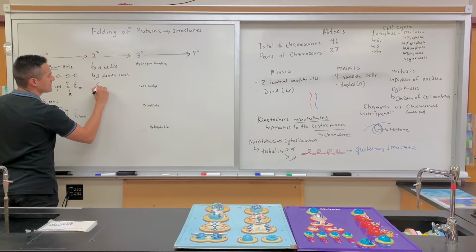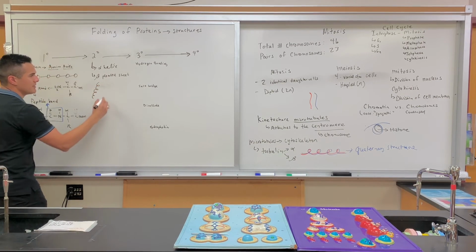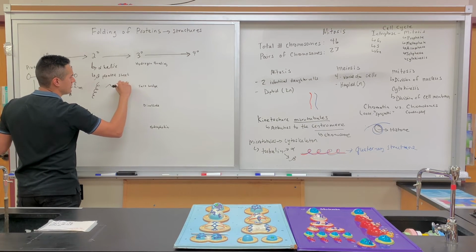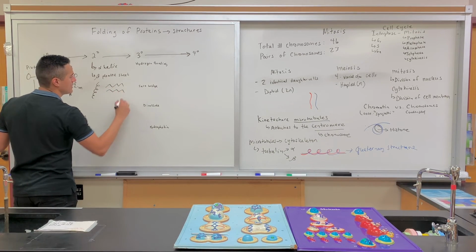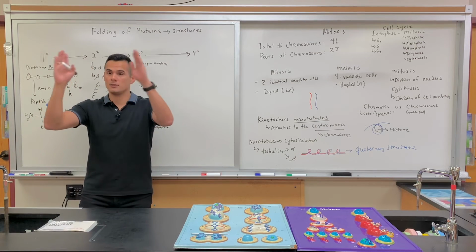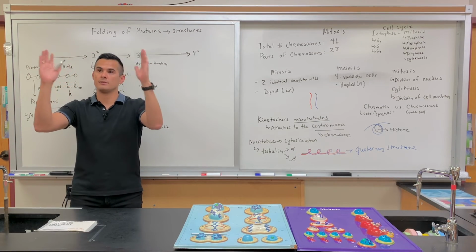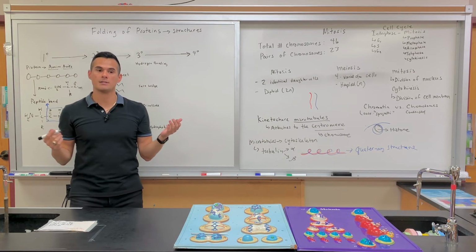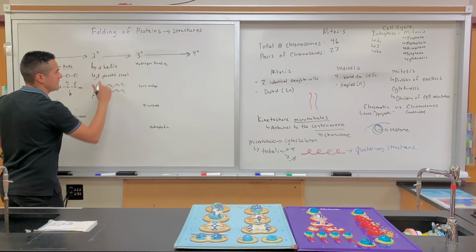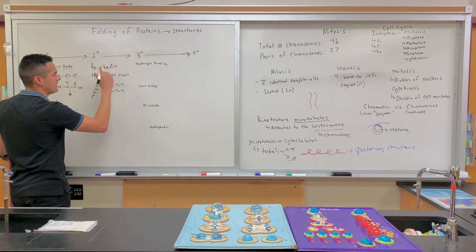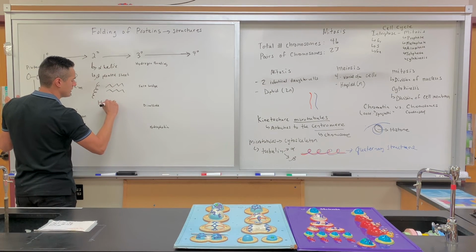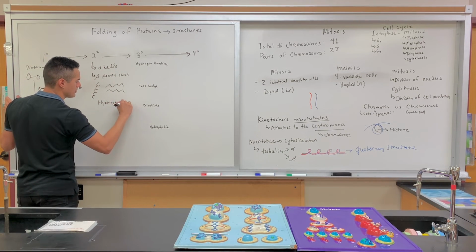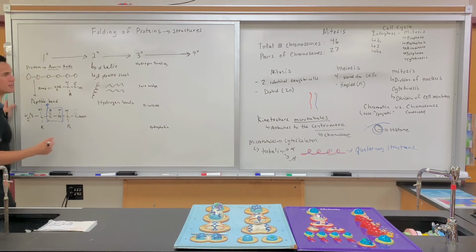So the alpha helix will kind of look like that, but then the beta pleated sheets will kind of look like this. If you think about curtains, when you have curtains that are kind of squished together, that's kind of the shape they're forming. Okay, and what's holding both of these types of structures together are hydrogen bonds. So hydrogen bonds are what's keeping them together.